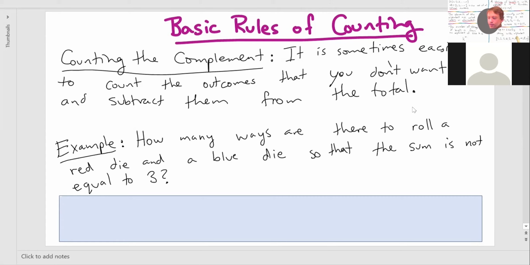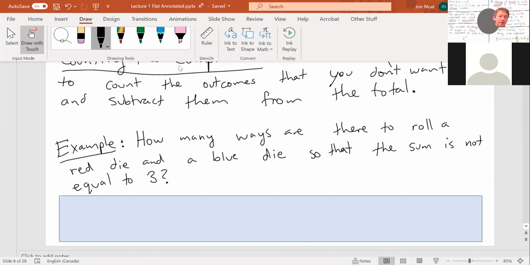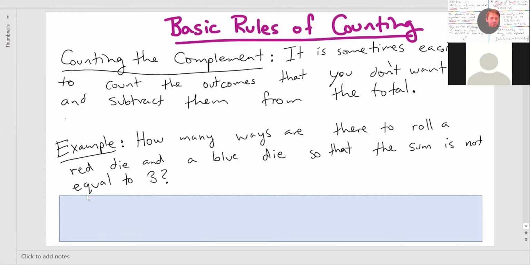This example says, how many ways are there to roll a red die and roll a blue die so that the sum is not equal to 3? If you're trying to count, there's lots of different possible sums, right? Rolling two dice can add up to any number between 2 and 12.